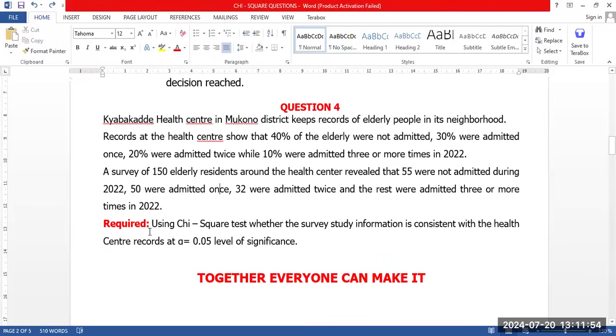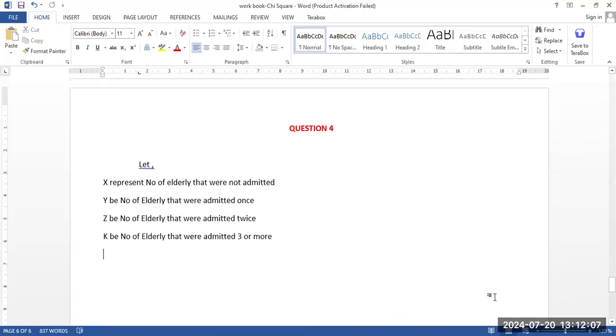So after that, we needed to know the portion. X is 40%. We can say with our null hypothesis for this, I can say the probability of X is 40%, which is 0.4.